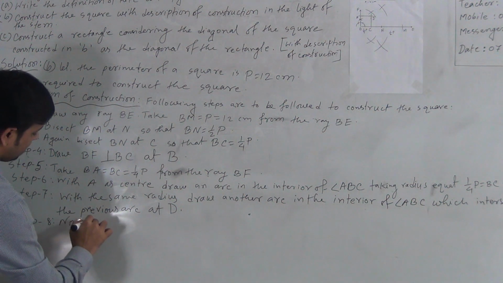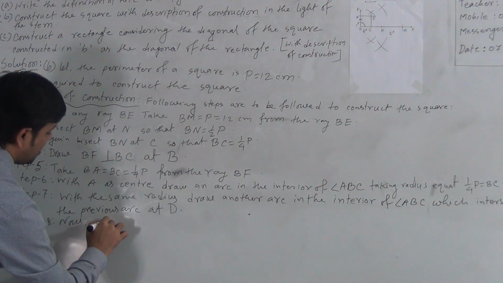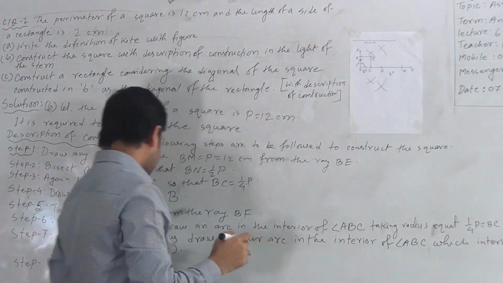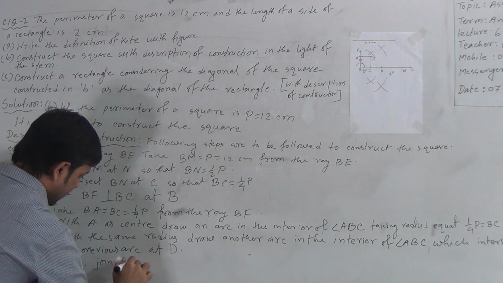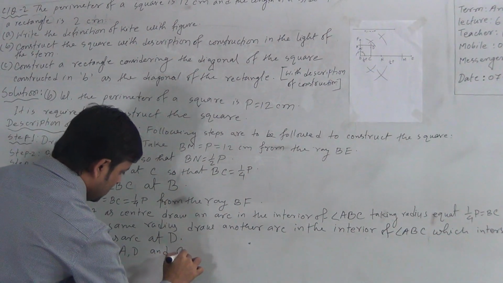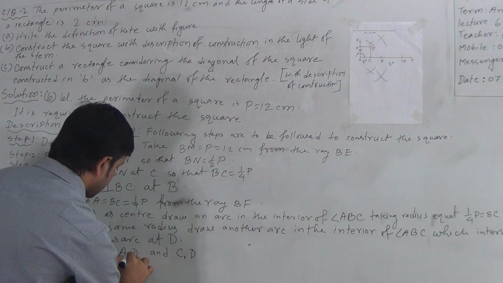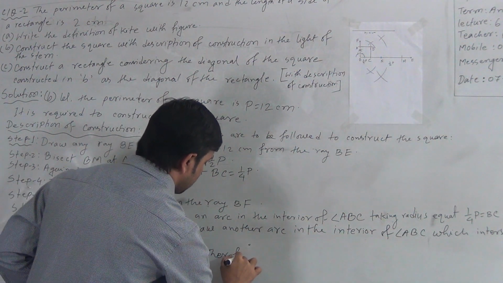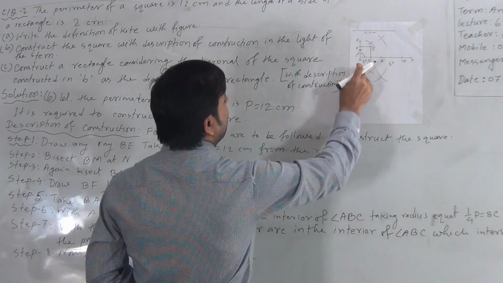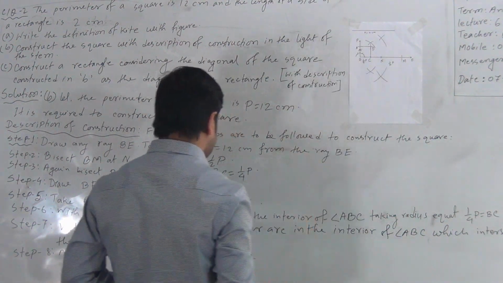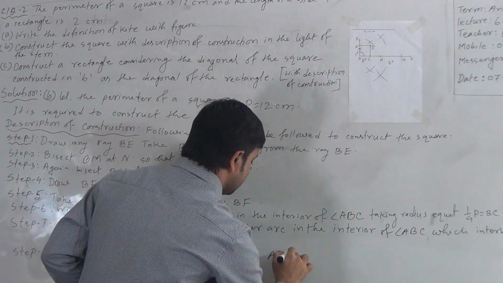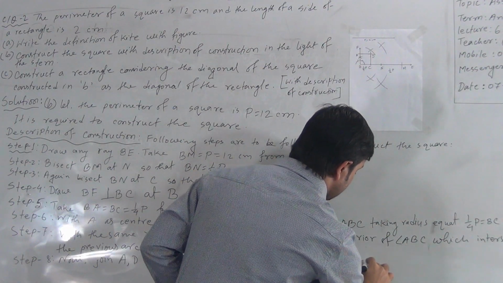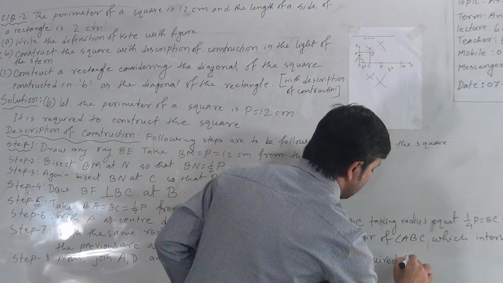Now join A and D and C and D. Therefore, the square ABCD is the required square.